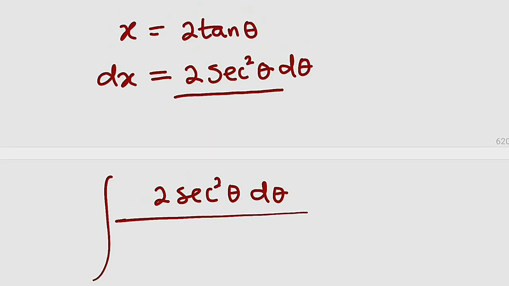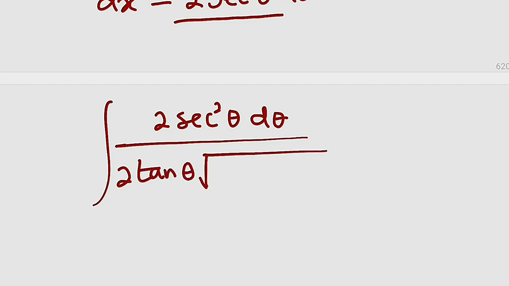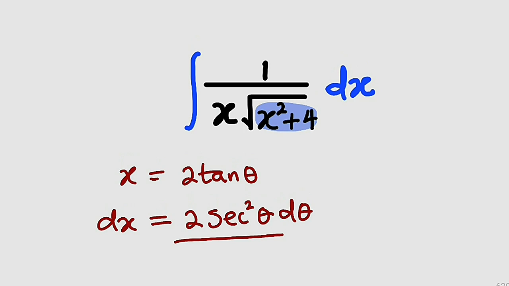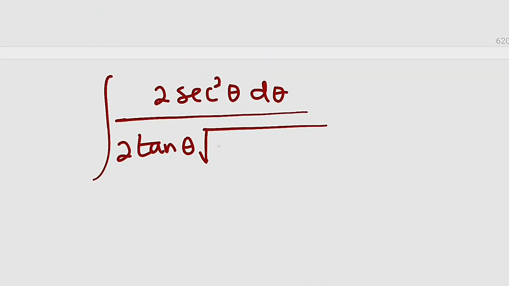Then we divide by x, which is 2 tan theta, multiplied by the square root of what? X squared plus 4. But since this is x, we're going to square it before we add 4. That's going to give us 4 tan squared theta. So we have 4 tan squared theta, then plus 4.